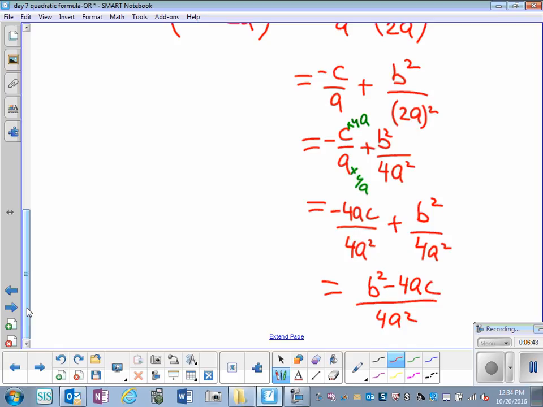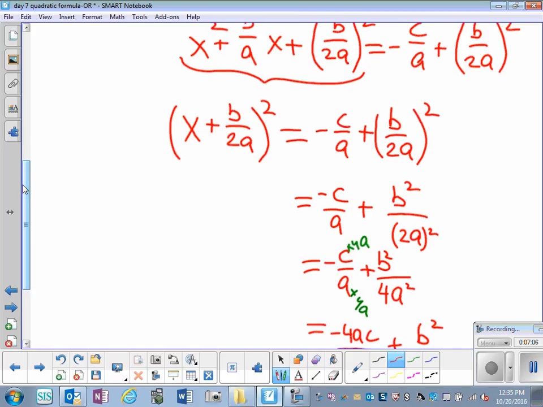What I did here, I switched the places of the fractions, and then I said b squared minus 4ac. Good? All good?